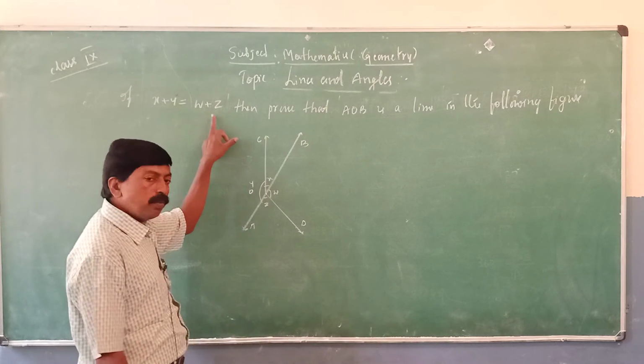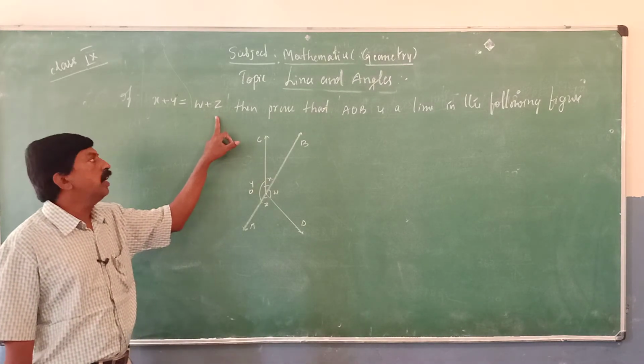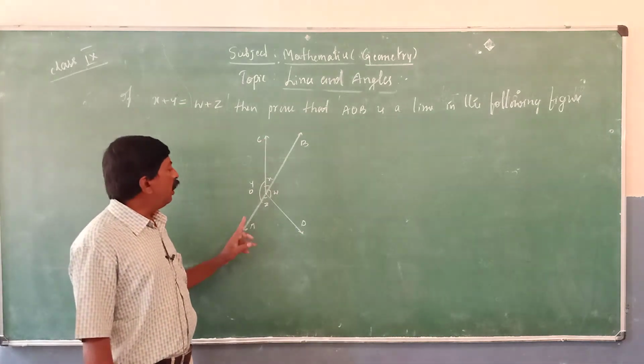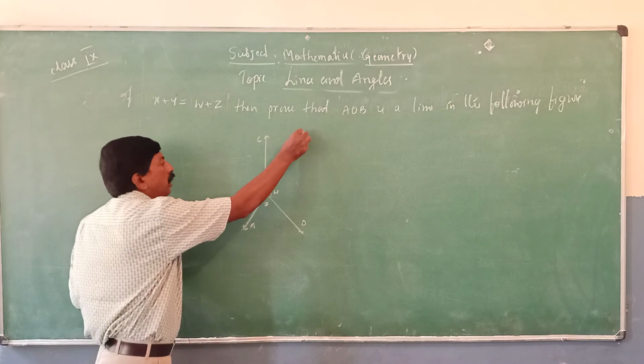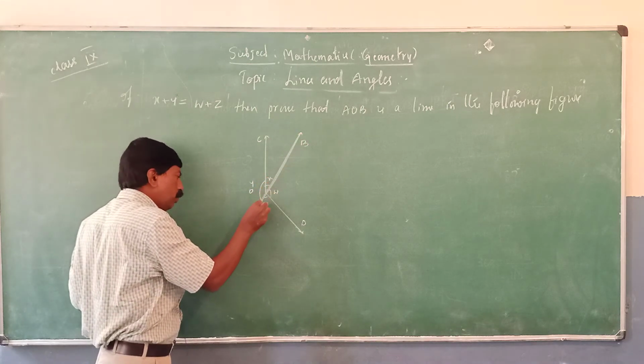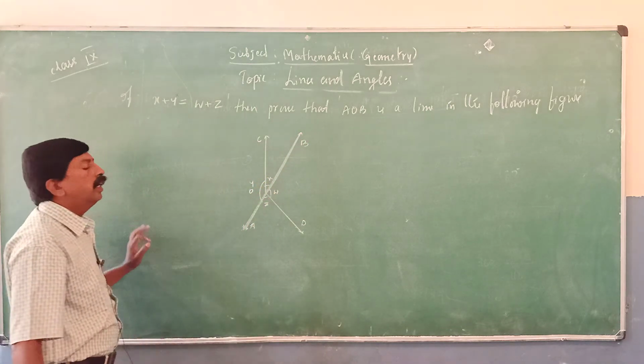So X plus Y must be equal to W plus Z. Prove that AOB is a line.